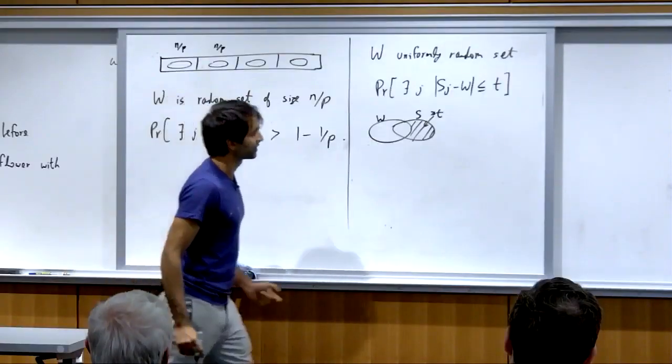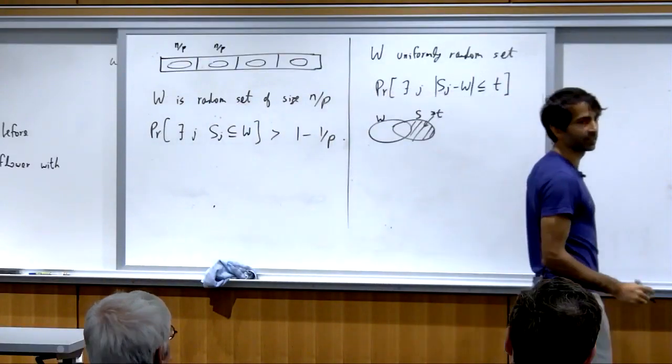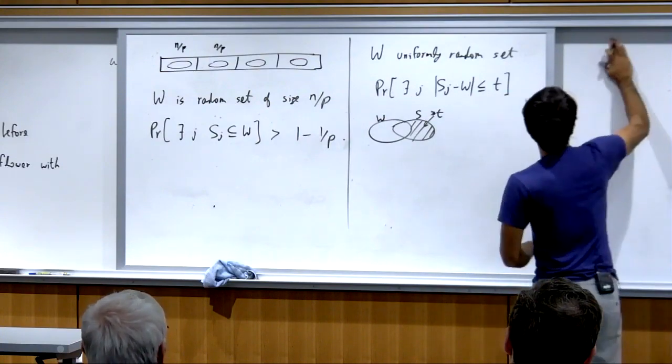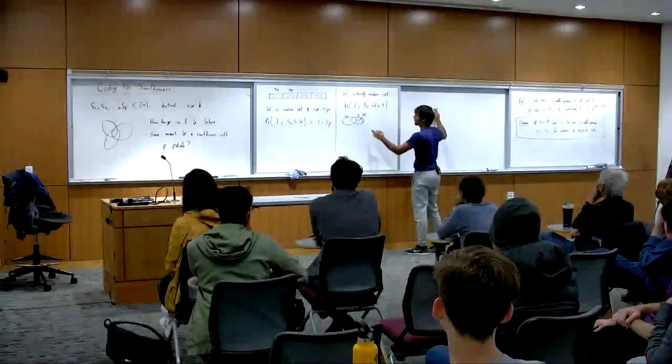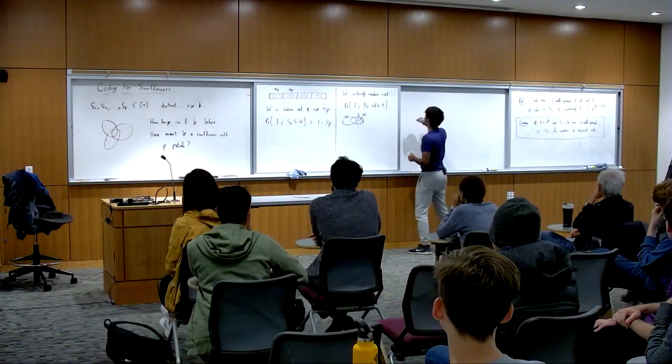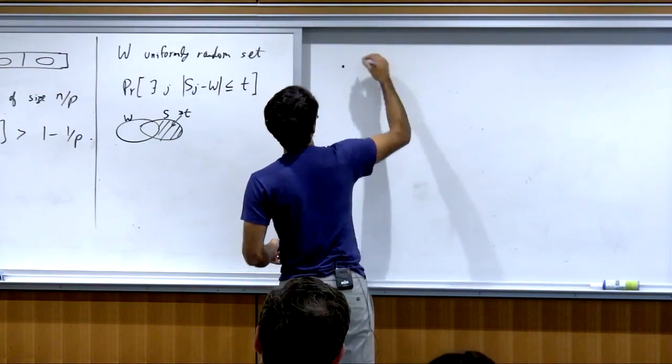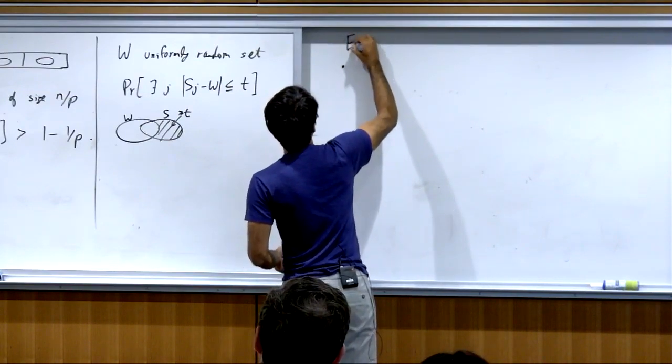Here's one way to count the number of such W. We're going to use an encoding argument.